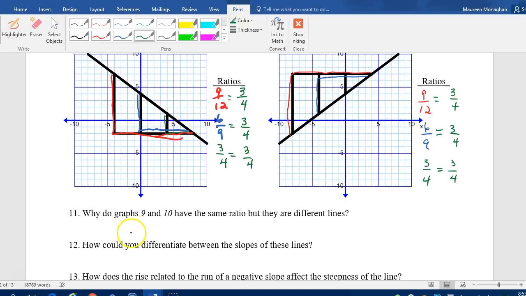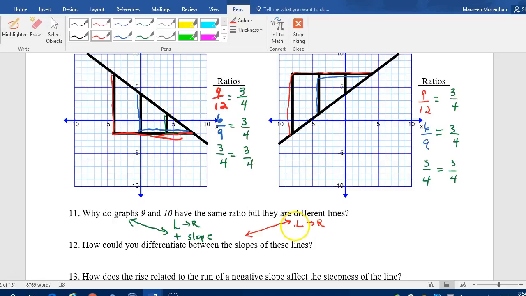Well, here's our discovery. If a line is going downhill, left to right, so you always have to think left to right, this is going to be a positive slope, or it's going to be a positive rise over run. If a line is going uphill, we always have to think left to right, just like you read left to right.